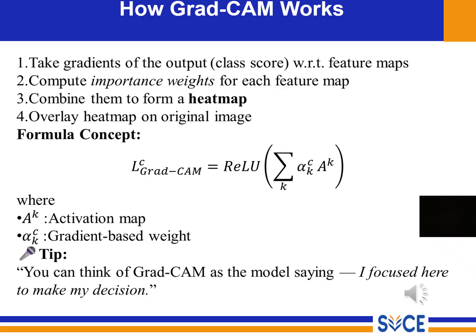GradCam works for any CNN architecture, whether it's ResNet, VGG or MobileNet. It's class discriminative, meaning it shows the attention specific to the predicted class, and most importantly it's human understandable. We can visually see the reasoning.